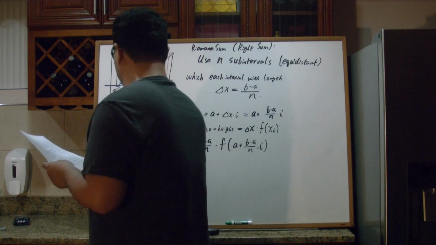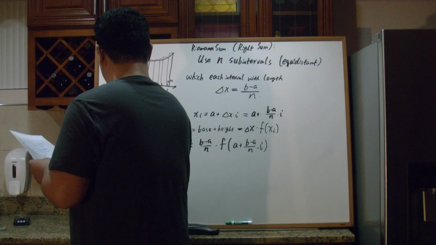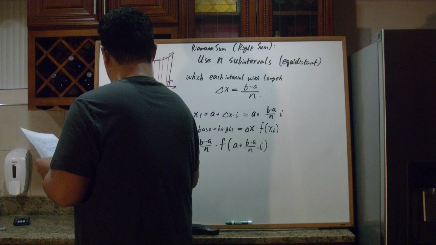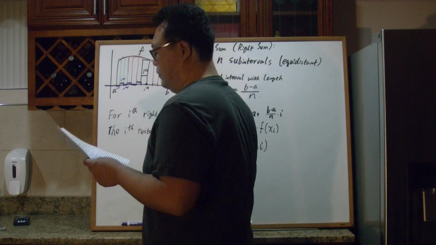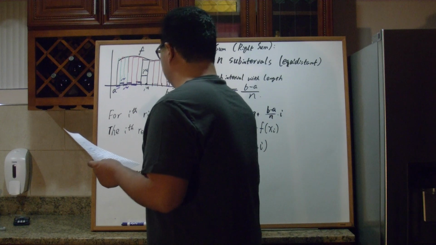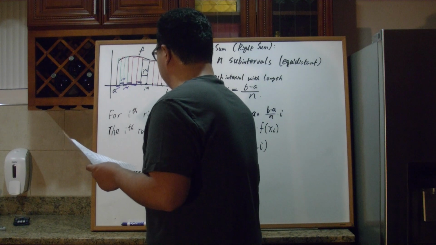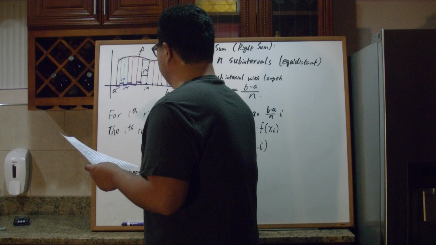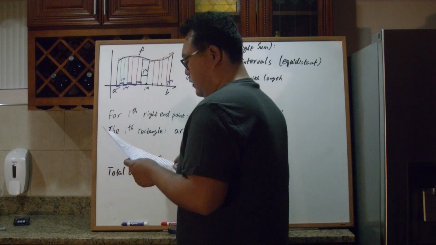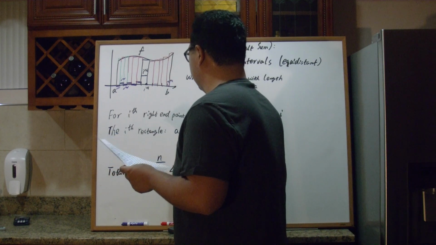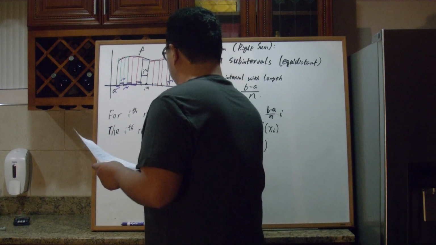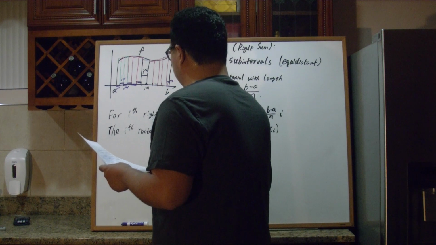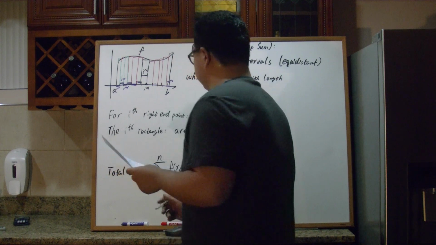So the total, from the first right endpoint all the way to the nth right endpoint, is summing everything together from the first subinterval to the nth subinterval of f of x sub i times delta x.